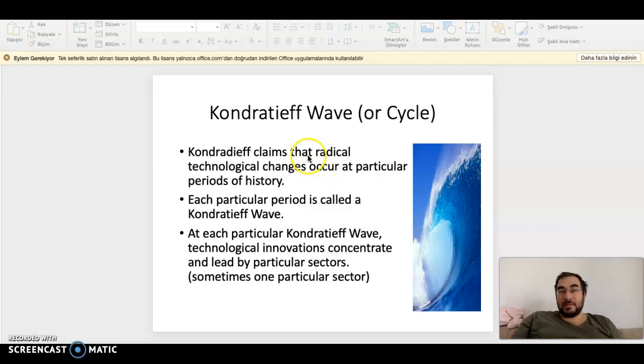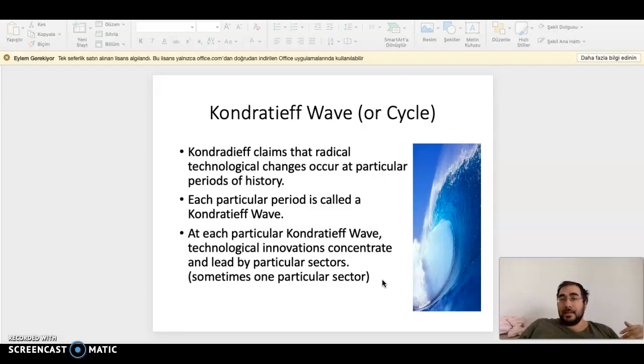Basically, his main claim is that radical technological changes occur at particular periods of history. They don't occur always. There are different periods of history where you see a surge or increase in the radical innovations that are happening, and in other periods the radical innovations are mostly rare.